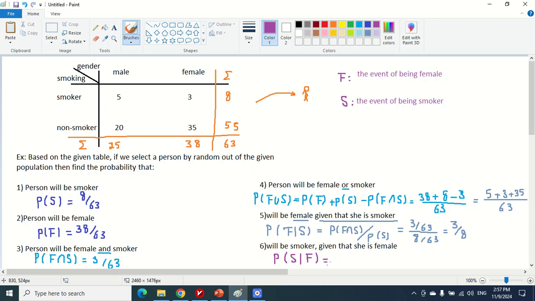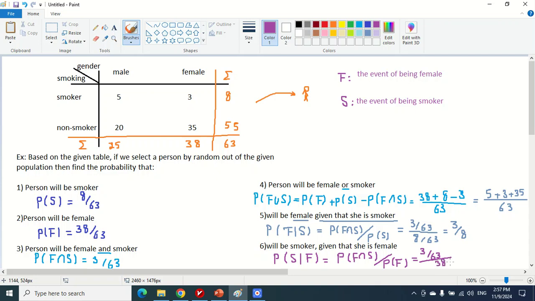So again, by the definition of the conditional probability, we have the probability of F intersected by S, the intersection. I remove the vertical line and put the intersection sign, and I divide it by the second probability, which is the probability of F. Based on the previous part, we know that the probability of their intersection is 3 over 63, and the probability of being female is 38 over 63.